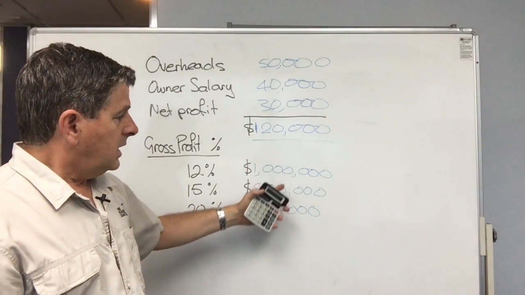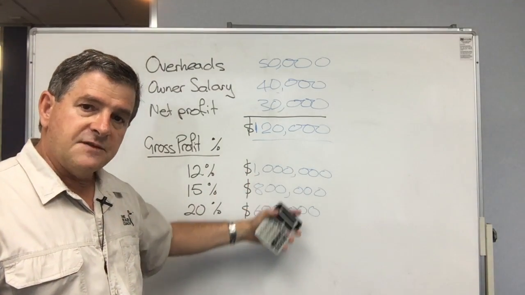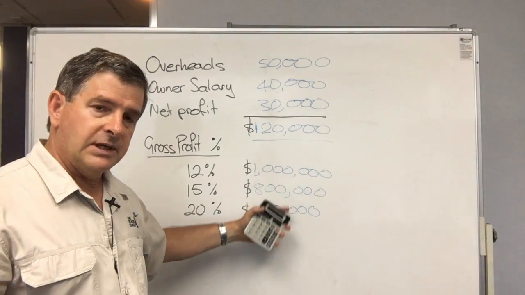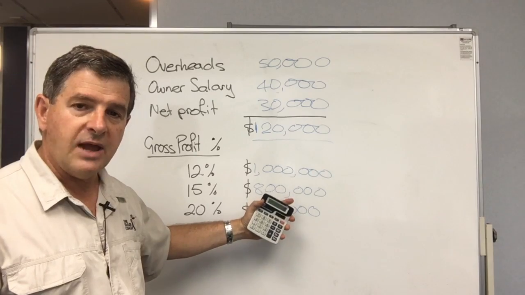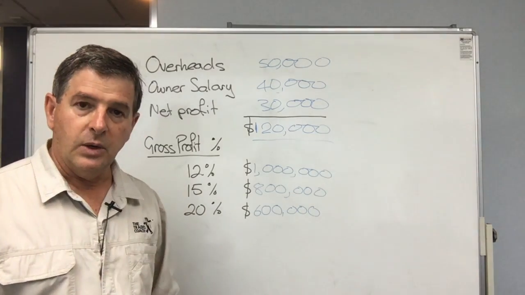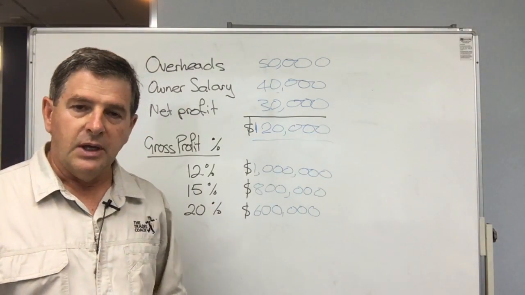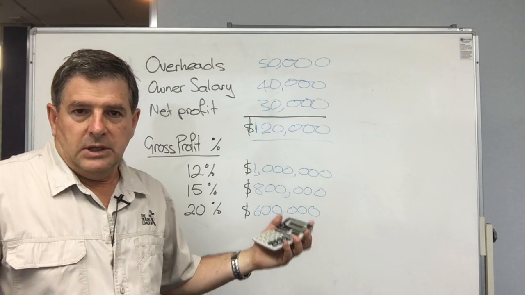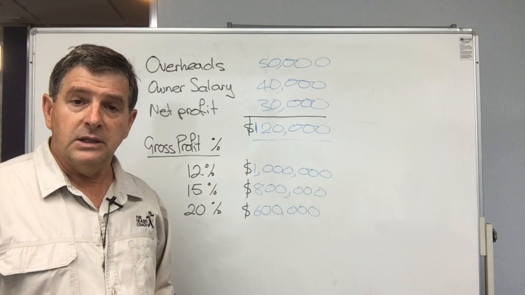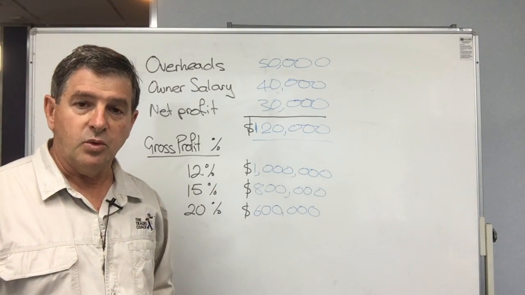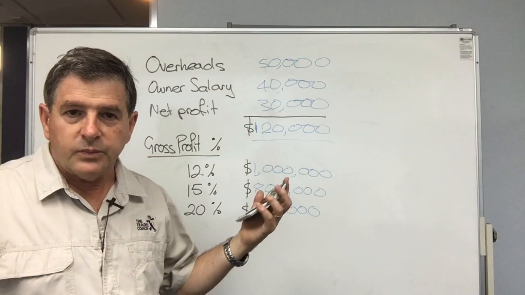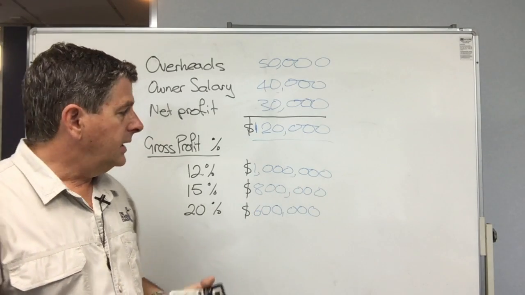So you need then to look at these figures and ask, are they realistic for your business based on the number of team members that you have? It's all very well saying, yep, I need to do $1 million worth of turnover, but if you've only got 2 guys in the business, that ain't going to work. You're not going to do $1 million worth of work unless you start building your places out of gold bricks or something like that.